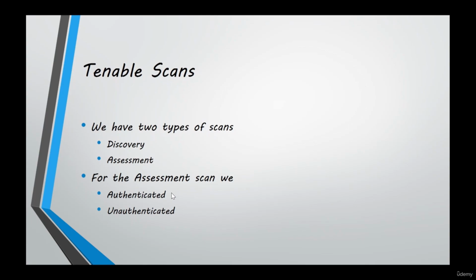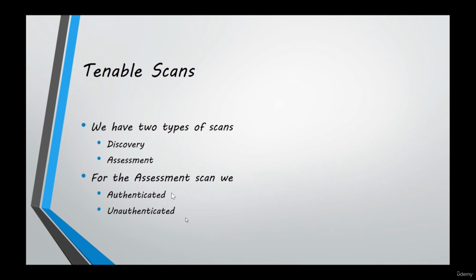For the assessment scan, we can do authenticated and unauthenticated scans. If you want to use credentials to scan some hosts, it will be authenticated. Authenticated scan will help you find the vulnerabilities quicker, and it will not put any load on the host itself.